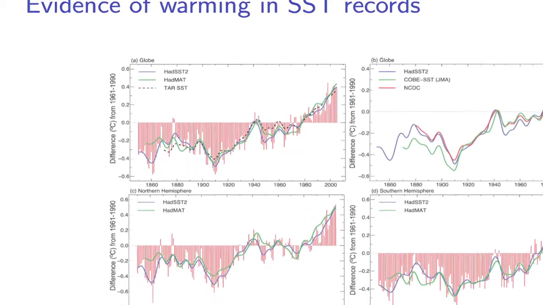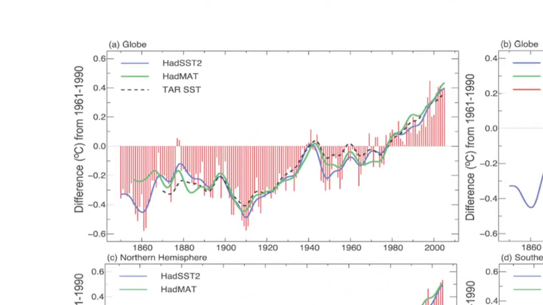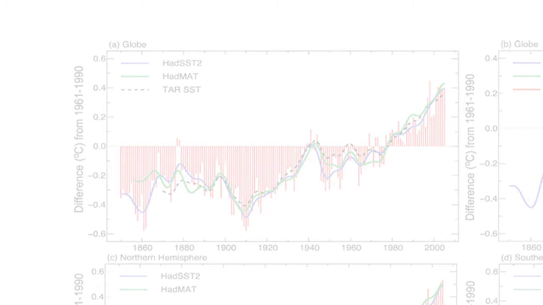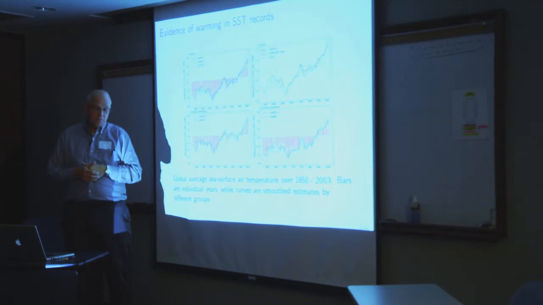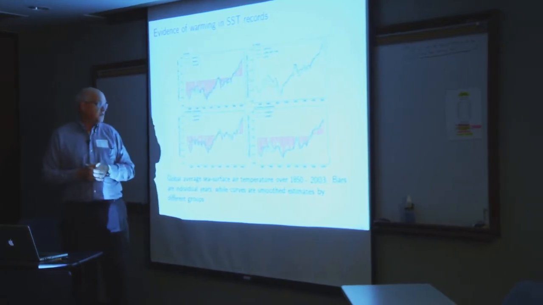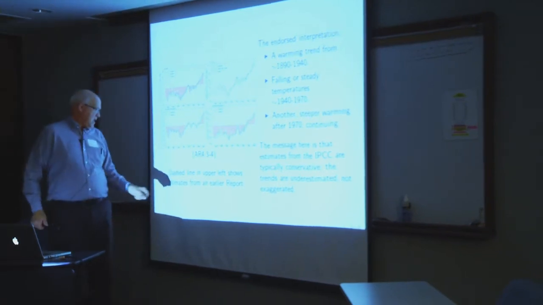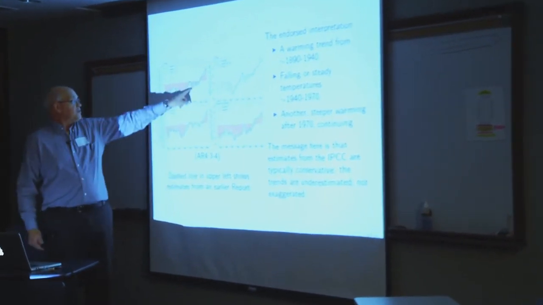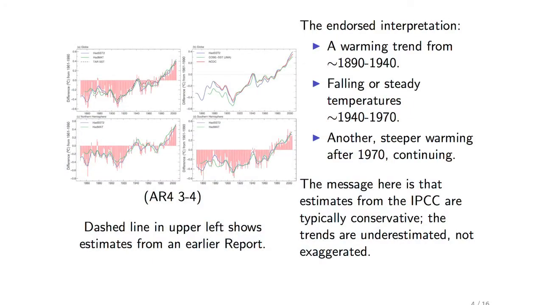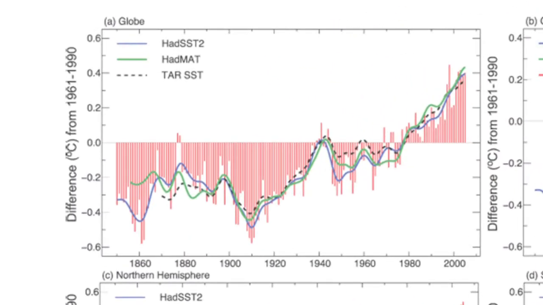One of the things that I want you to see in this figure is this dashed line that indicates what the third assessment report suggested as the interpretation of those results, a smooth curve representing the change in sea surface temperature over that extended period of time. So the dashed line shows the third assessment report.